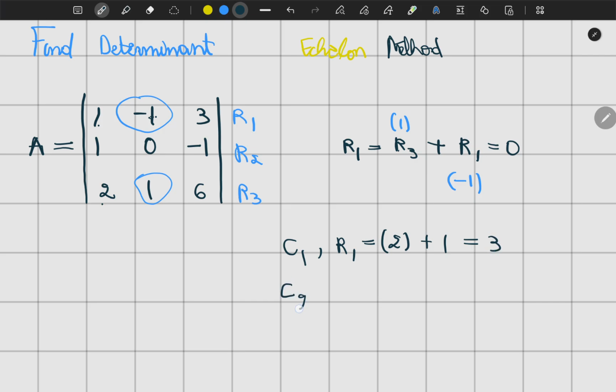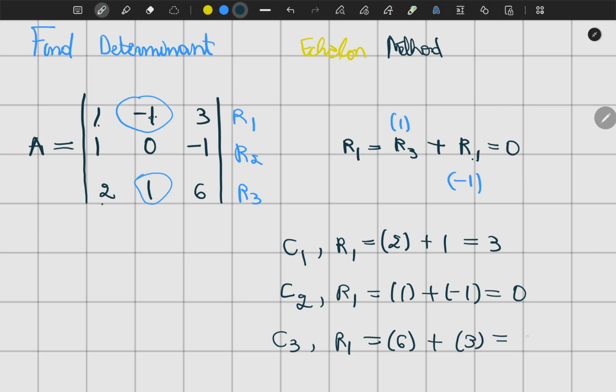For column 2, R3 is 1 plus negative 1 from R1, which gives us 0. For the third column, R3 is 6 plus R1, which is 3, and the answer is 9.